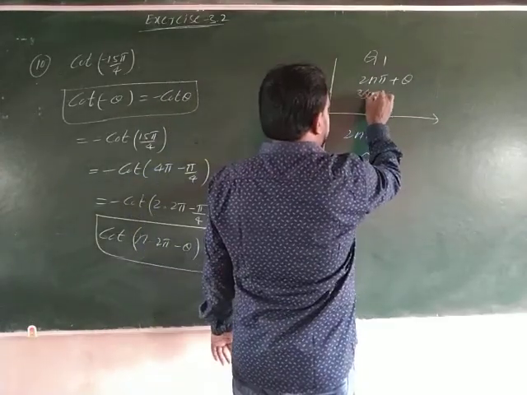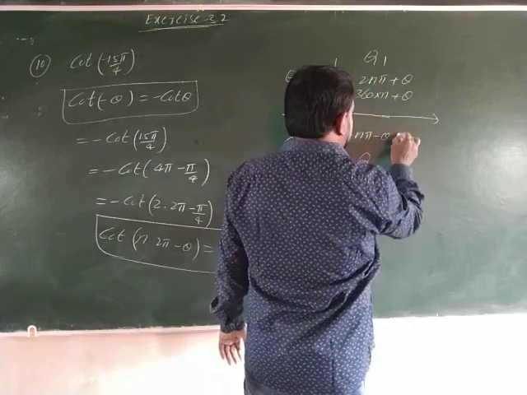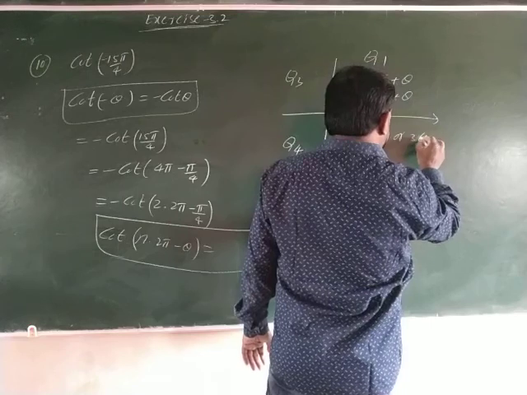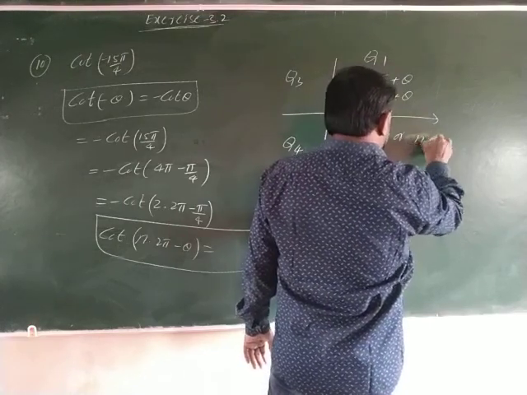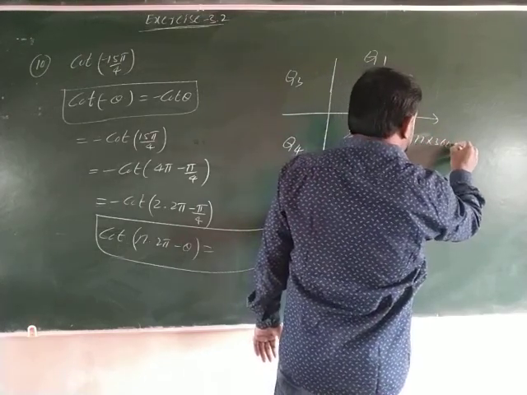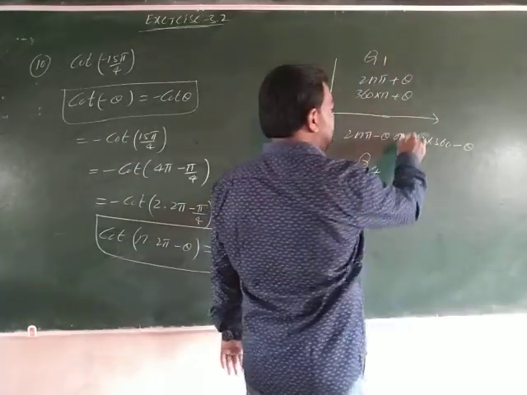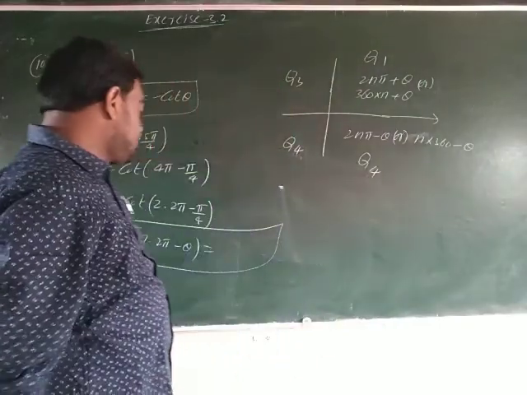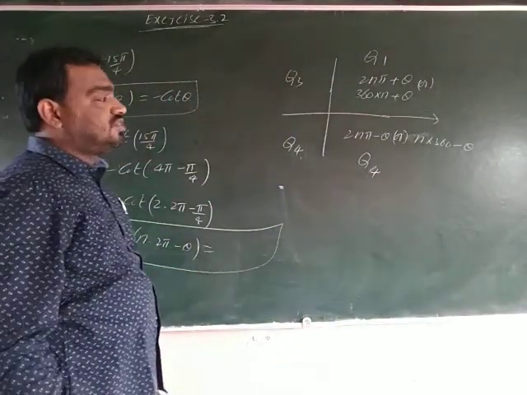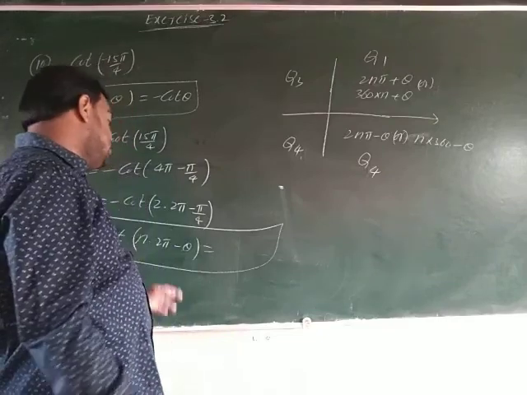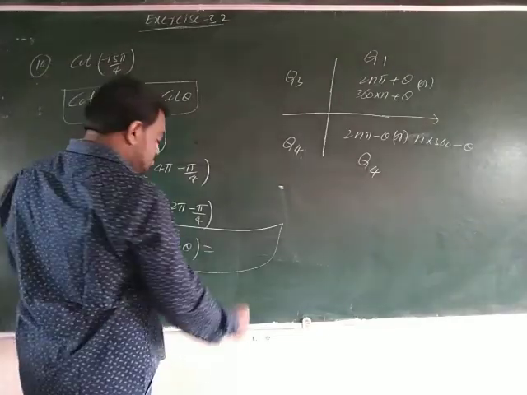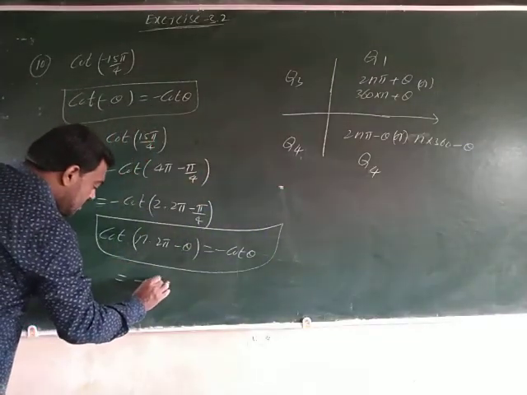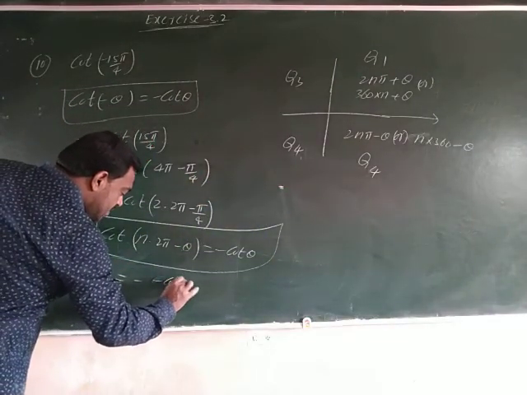Otherwise, n into 360 plus theta, and n into 360 minus theta lies in the fourth quadrant. So you remember this one. So it is the fourth quadrant. In the fourth quadrant, the cot function value is negative. So minus cot theta, so minus cot pi by 4.